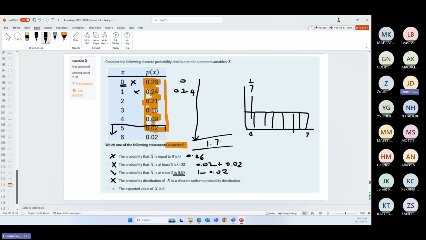But again, I would, even in the exam, if your expected value is option A, look at the other ones, because again, it's easier to do just a probability of something than now to work out what is the expected value.